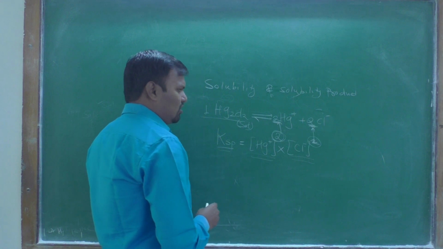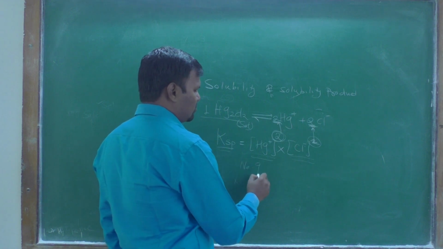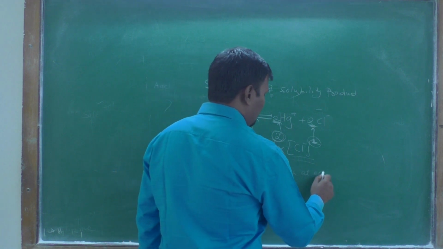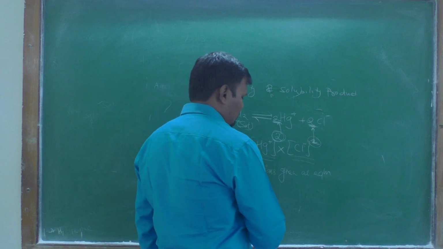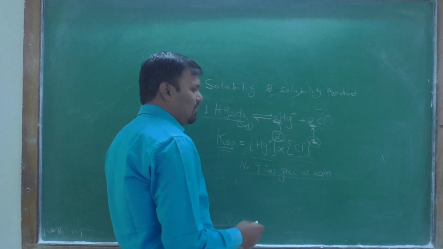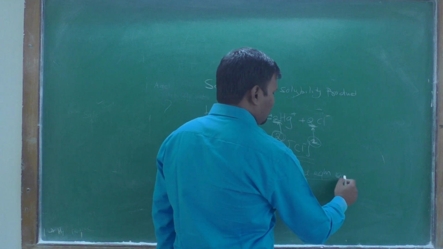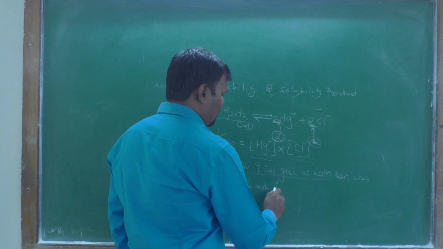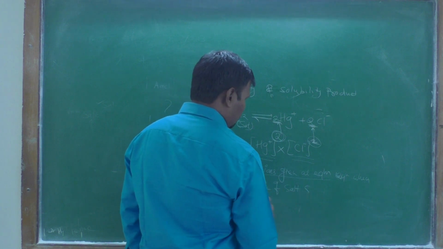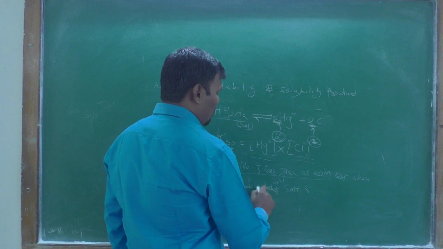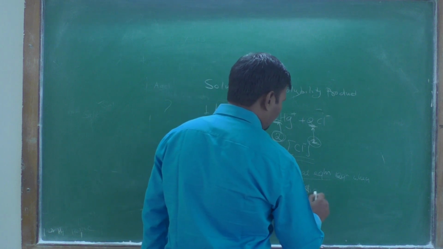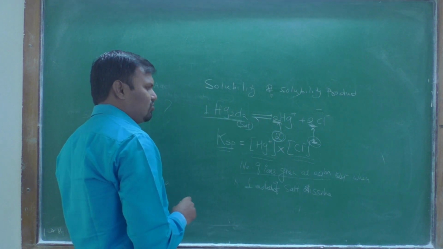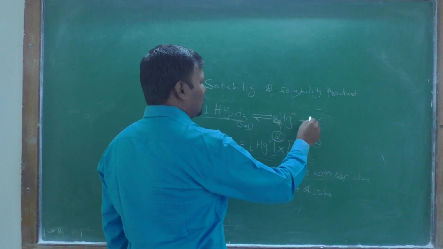That power is nothing but the number of ions given at equilibrium in the equation when 1 mole of salt, so 1 molecule or 1 mole of salt, dissolves. When 1 molecule of HgCl2 is dissolved, it gives the 2 Hg+ ions and the 2 Cl- ions.